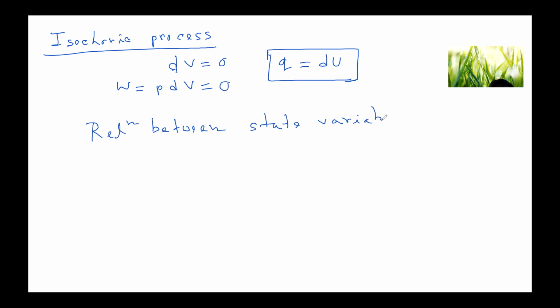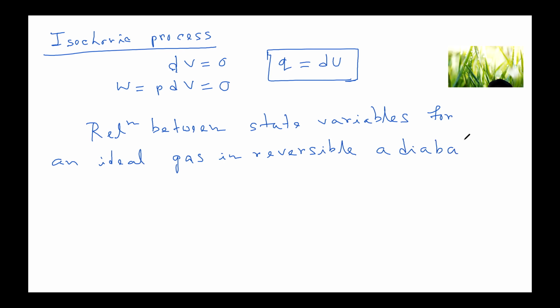What are state variables? Temperature, pressure, volume, and mole number for an ideal gas considering a reversible adiabatic process.